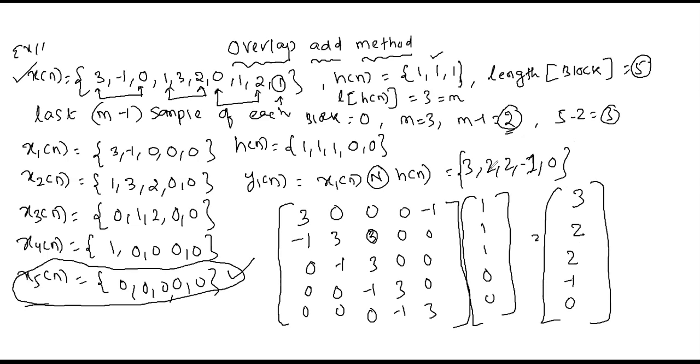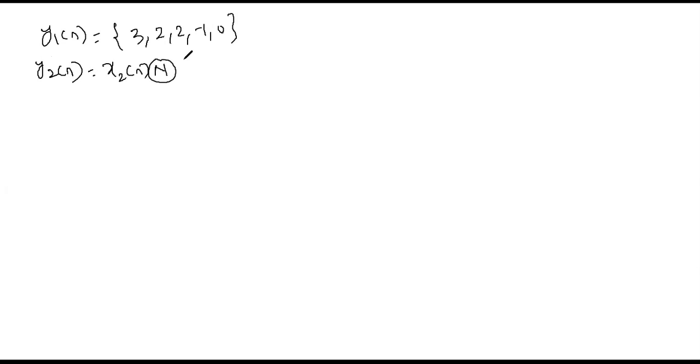After y1(n), I write it here again: y1(n) is 3, 2, 2, minus 1, 0. Similarly, you can find y2(n). What is y2(n)? x2(n) circular convolution with h(n). Same process as I said, you just follow it. You will get y2(n) equals 1, 4, 6, 5, 2.